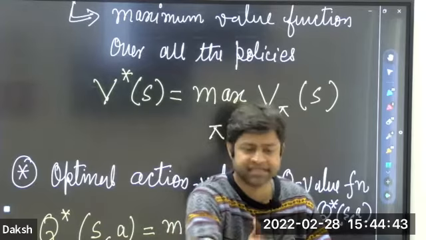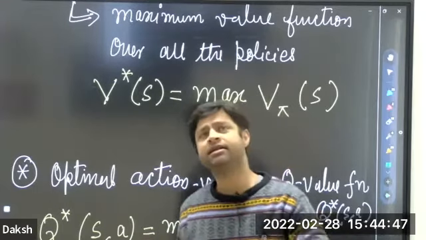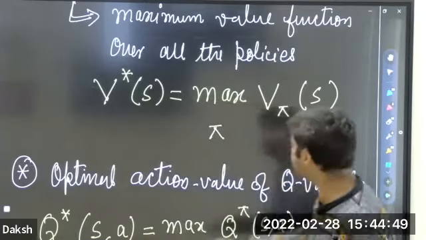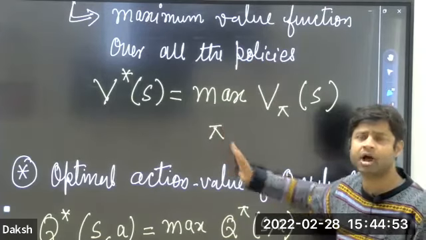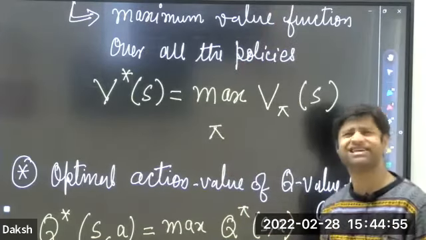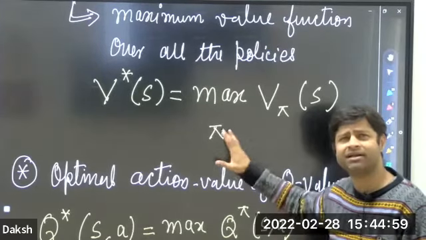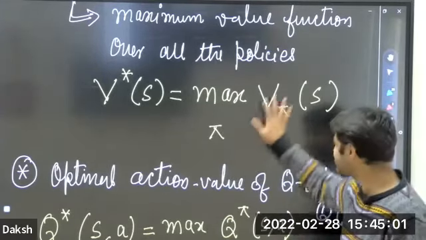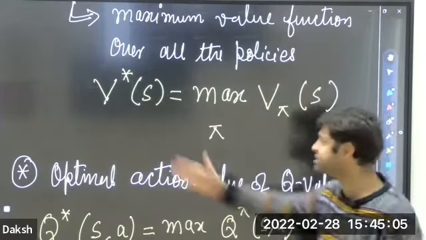Then I change pi. Then I change it again. Then I change it again. It is saying that whatever be the policy, out of all policies, you choose the one for which the value function of this state is maximizing, that is your V star S.